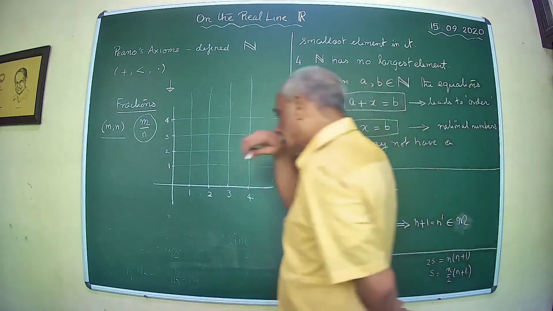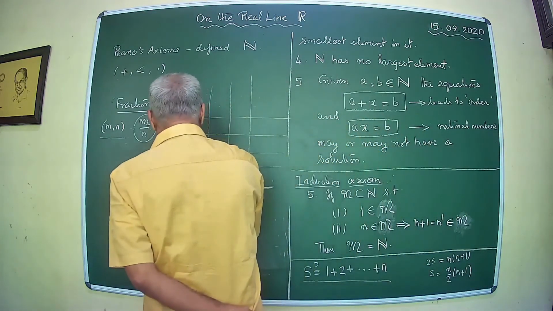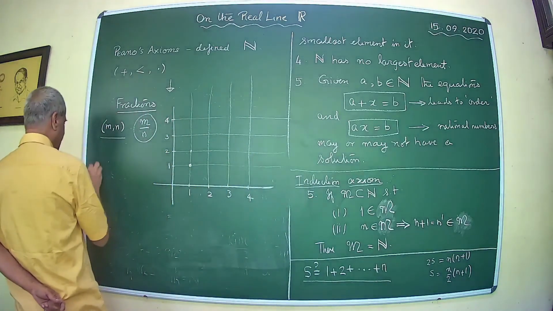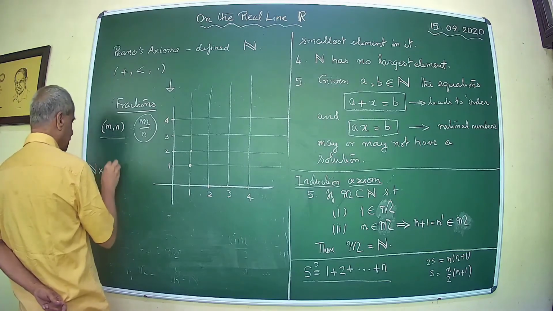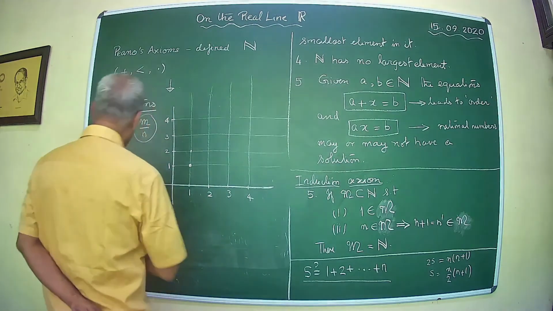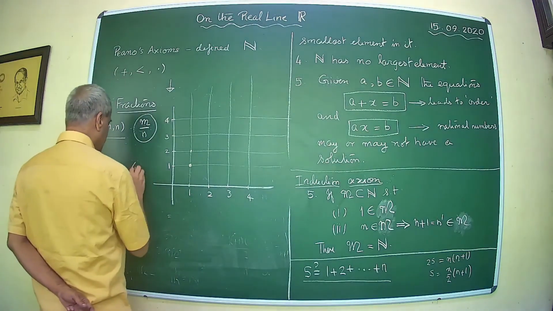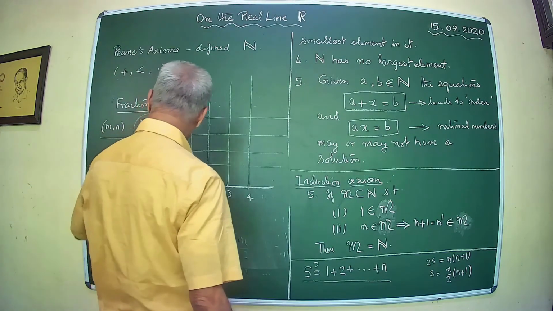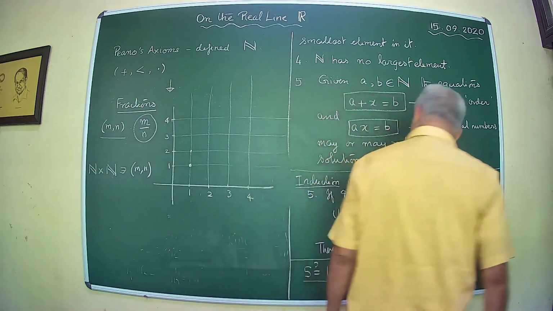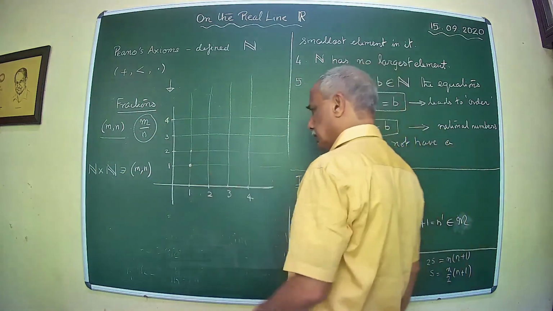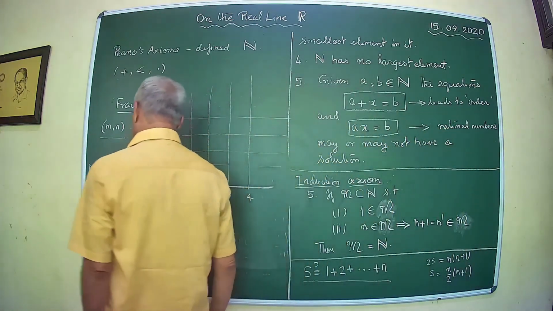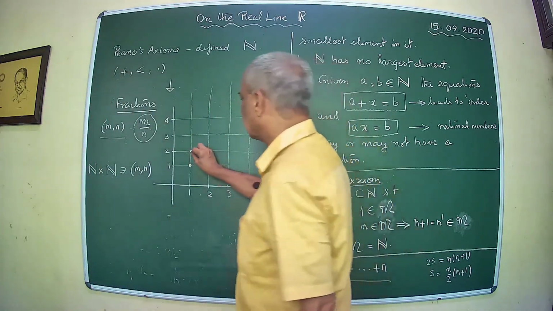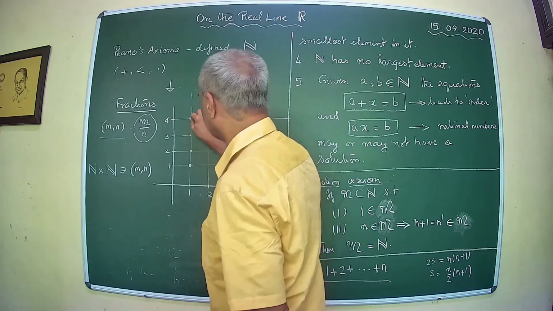Therefore, you see that if you look at the class of all (m, n), this is N cross N. The elements of N cross N are (m, n). These are the set of points. And you know the definition of N cross N. I don't want to go into that. So these are essentially the lattice points that you have.